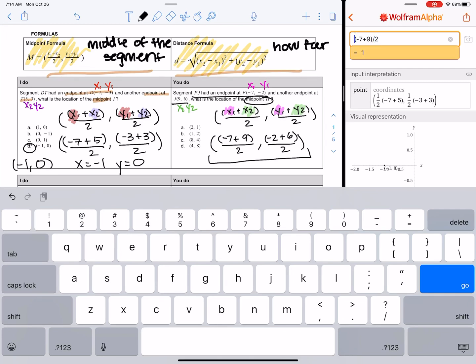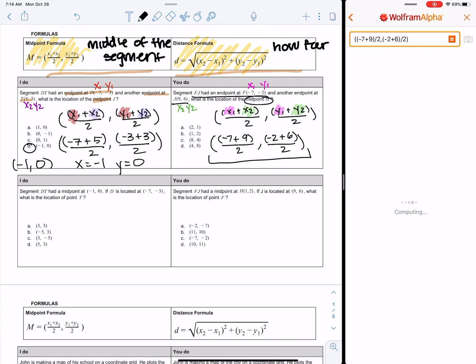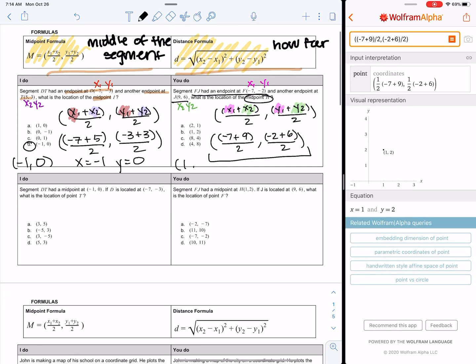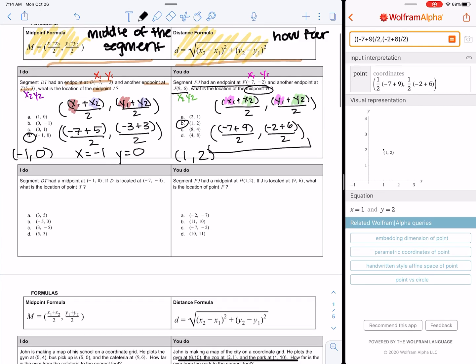I forgot my parentheses over here. You should have gotten 1, 2. So what is my answer? A, B, C, or D? Very good, B.